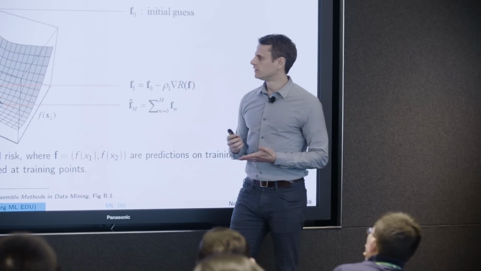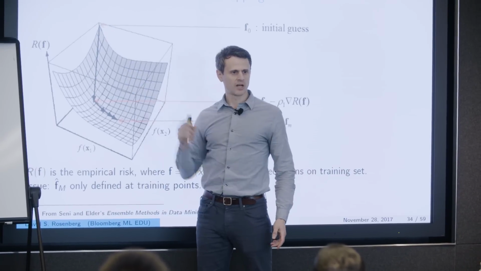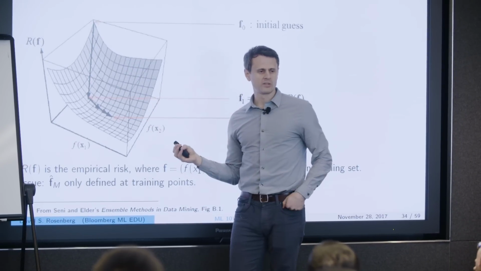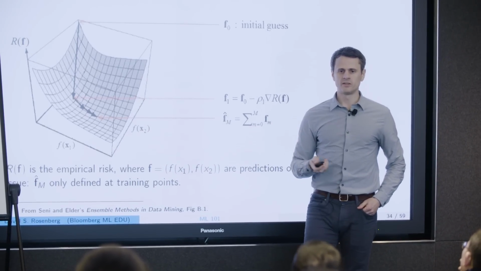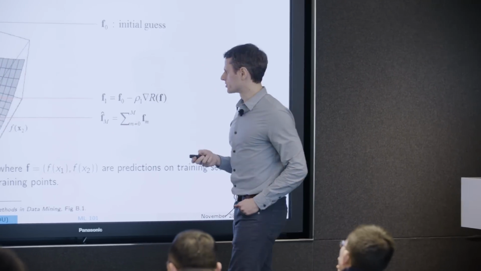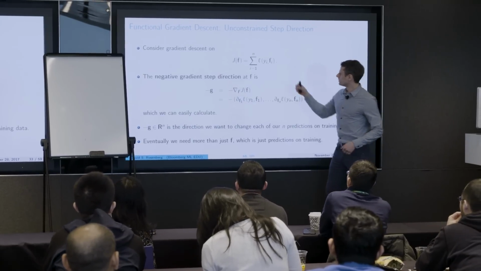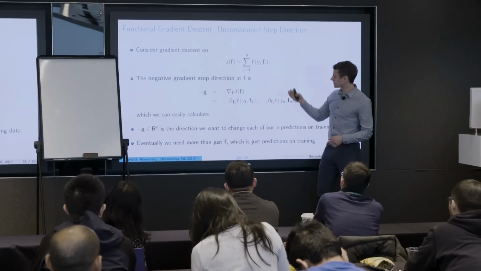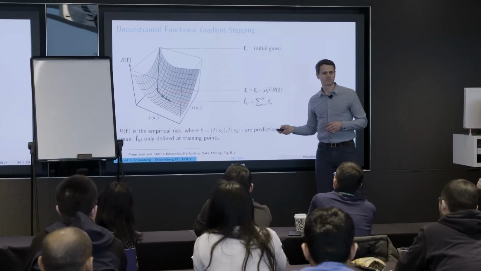Given that, we can choose some initial set of predictions on the training points, and we can do gradient descent, assuming the objective function is differentiable with respect to the predictions. So this is our objective function on the n-dimensional prediction vector. If that's differentiable with respect to f, then we can do this type of gradient descent.